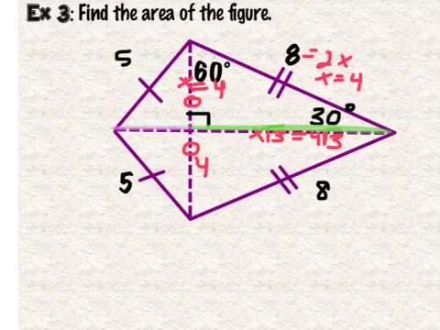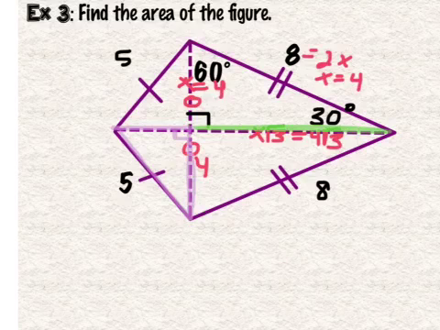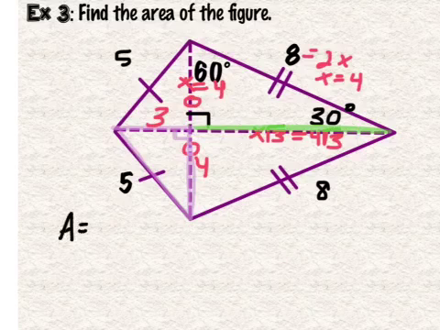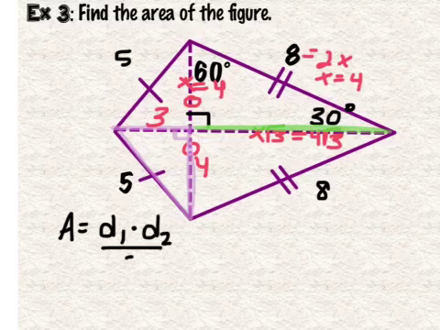So looking now at this right triangle, you have a special triangle again, a blank, 4, 5. So in this case, a 3, 4, 5. To apply our formula, we've got area equals diagonal 1 times diagonal 2 divided by 2.